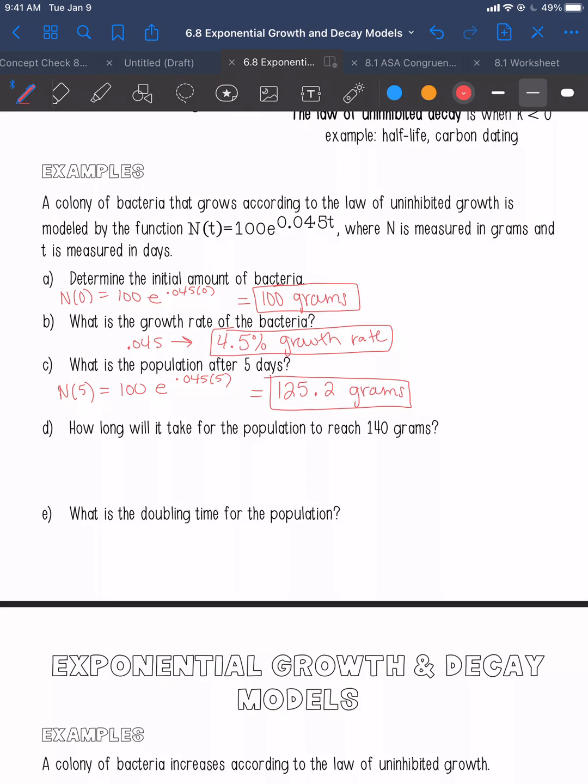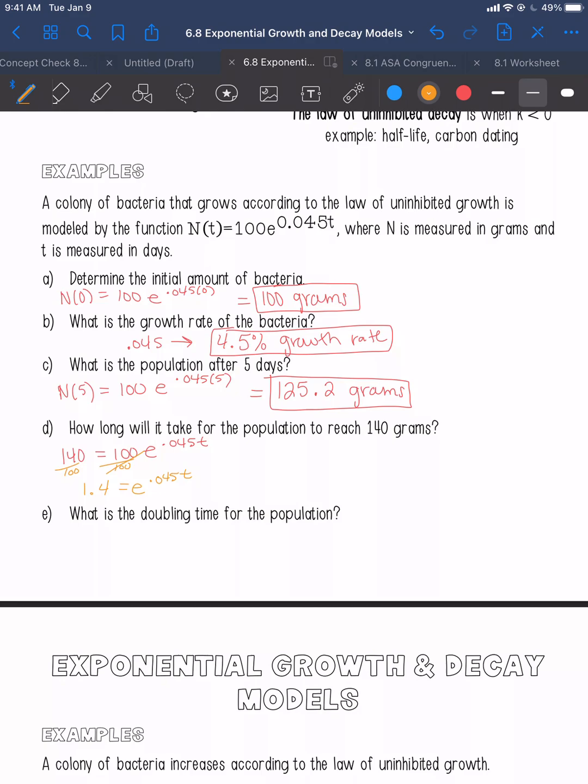How long will it take for the population to reach 140 grams? So N of t is 140 equals 100 e to the 0.045 t. Well, the first step to solving that, we're going to divide both sides by 100. So we get 1.4 equals e to the 0.045 t.